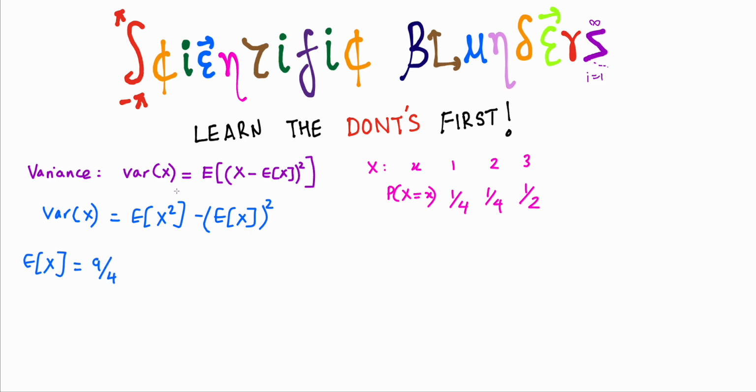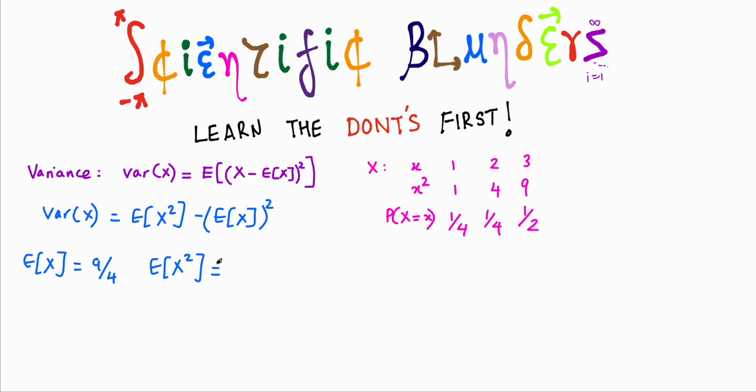How do we find the expected value of X squared? Well, that's not too hard either. When X takes the values 1, 2 and 3, X squared is going to take the values 1, 4 and 9 with the same probabilities. So the expected value of X squared is 1 times 1/4 plus 4 times 1/4 plus 9 times 1/2, the weighted average of 1, 4 and 9 where the weights are the probabilities.